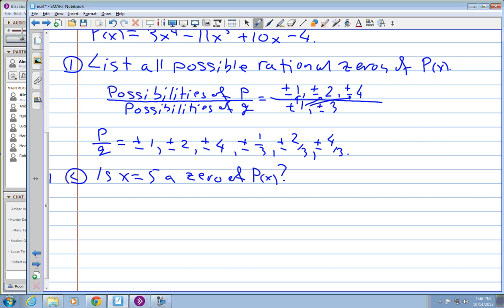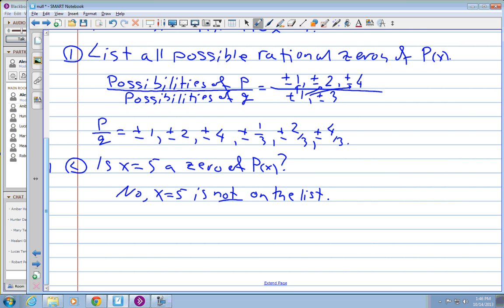It's not part of our possible rational zero list. So the answer is no. x equals 5 is not on the list, so right away we know 5 won't work. We don't have to do the synthetic division.